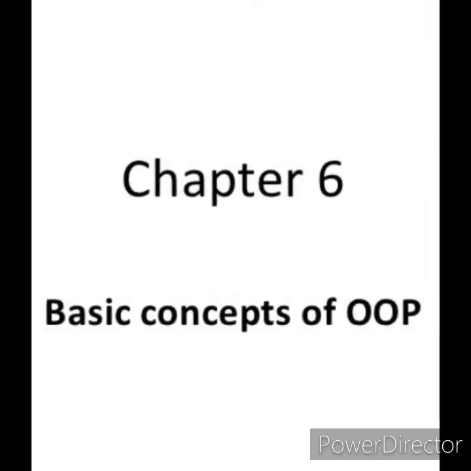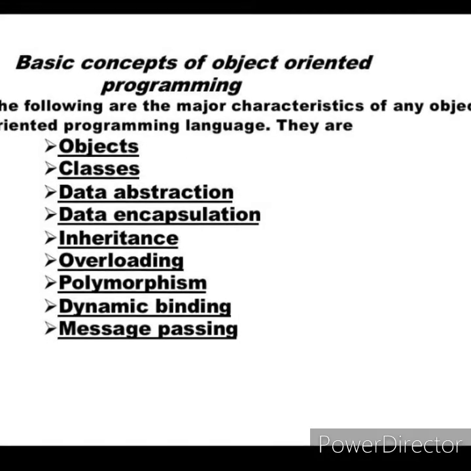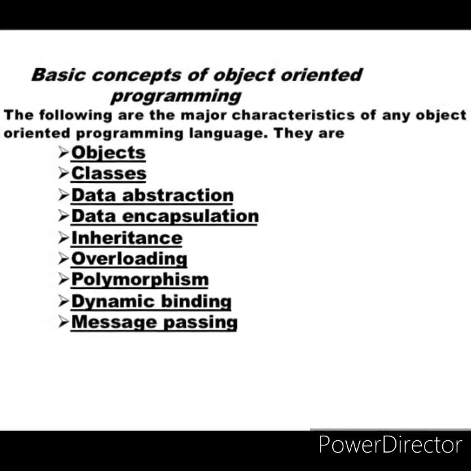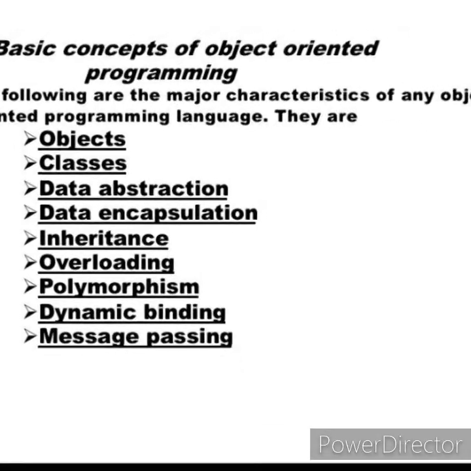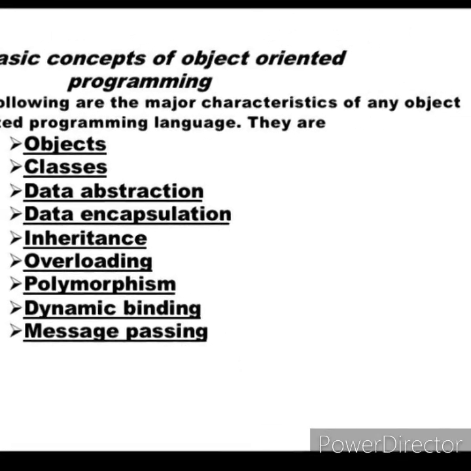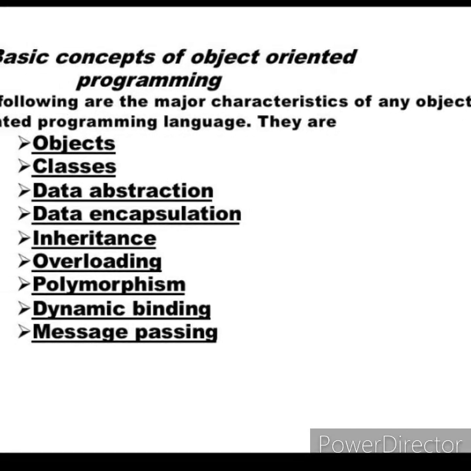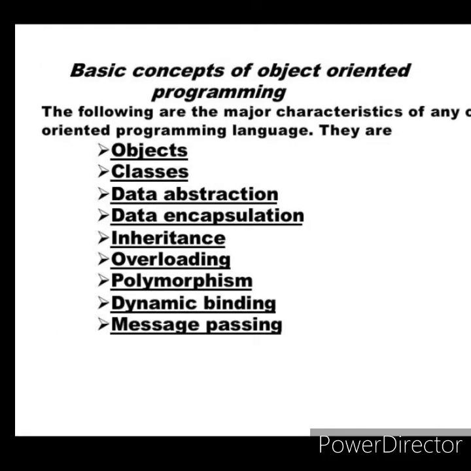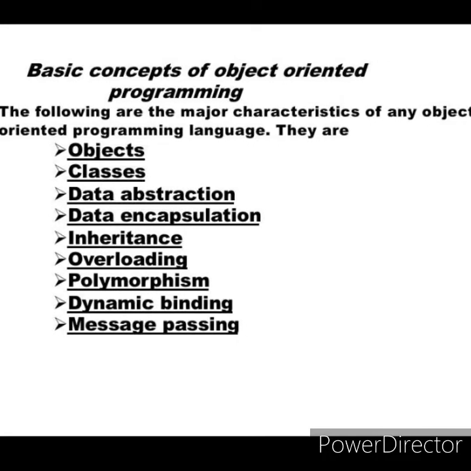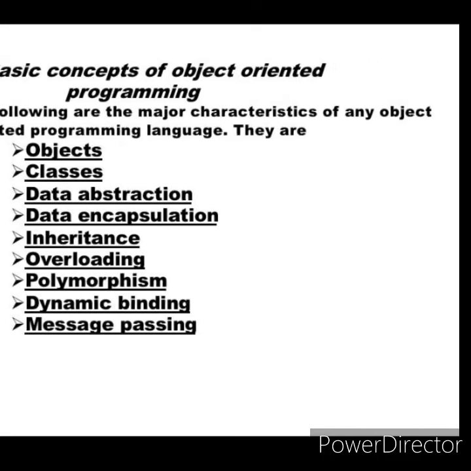Suppose, let us consider the example, you want to add 10 numbers. Whenever you want to add 10 numbers, the general procedure we follow is, we add the first number to the second number, and whatever result is obtained is added to the third number.